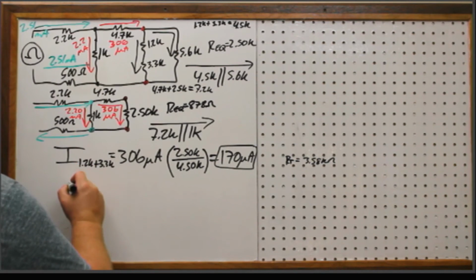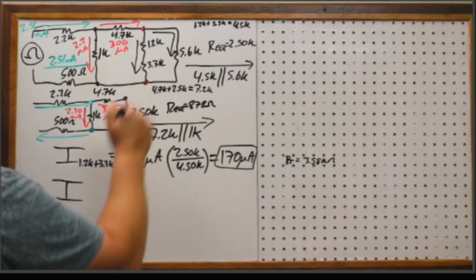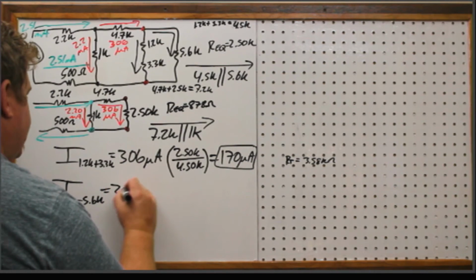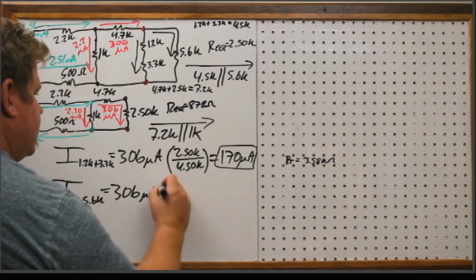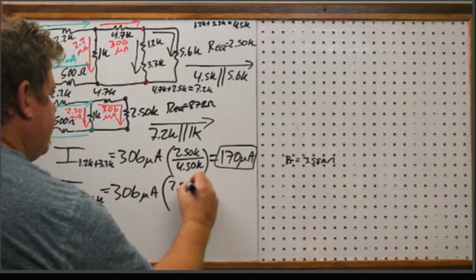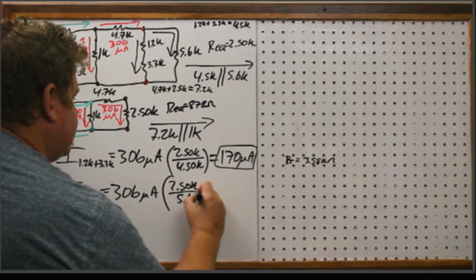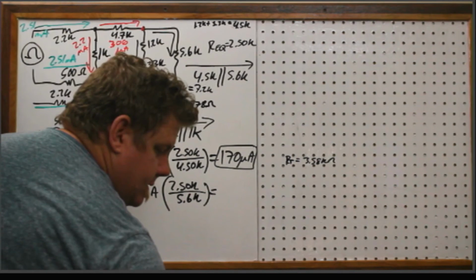Okay? So the current now of the 5.6K is 306 microamps times 2.5K divided by, now this time is 5.6. Find that new calculation.